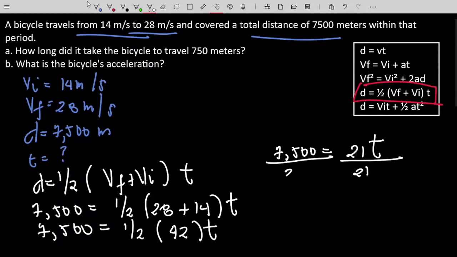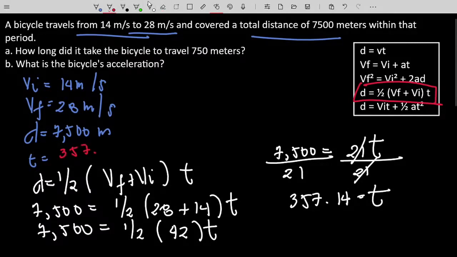Now cancel this one. Now 7,500 divided by 21, then we should have the value of 357.14 is equal to time. So therefore, the time that we are trying to look for is actually equal to 357.14 seconds. Now, what is the bicycle's acceleration?